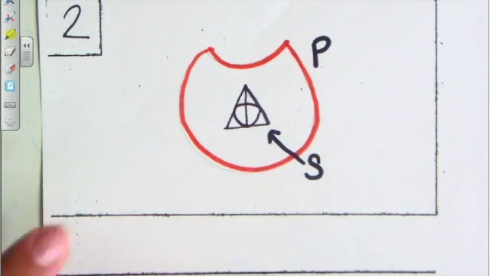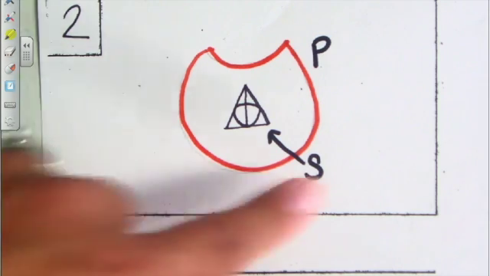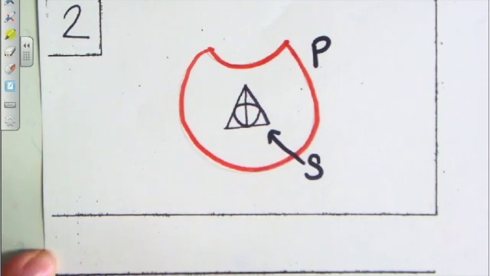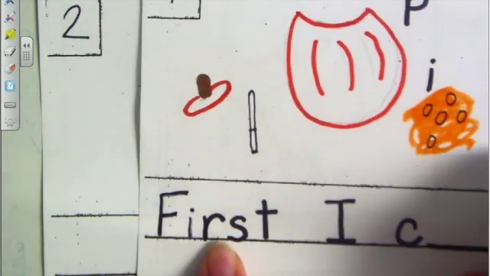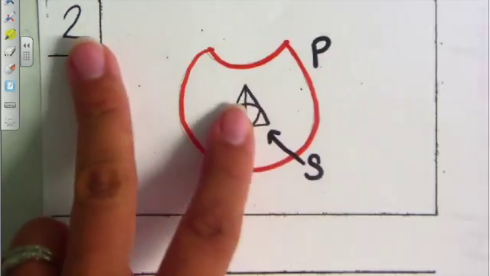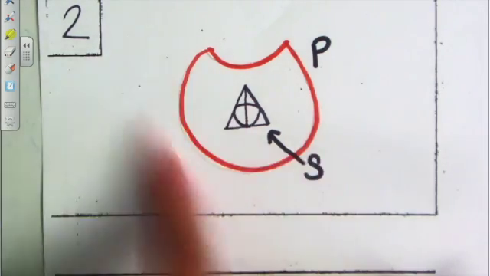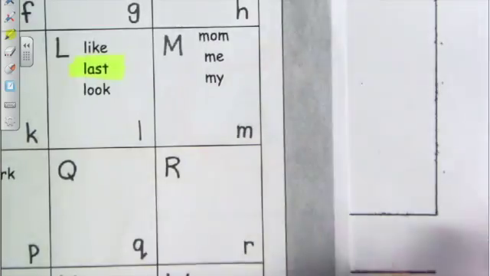Next, I'm going to write my sentence. So I labeled my picture. Now I'm going to write my sentence. I already wrote first. There are 2 different words I can use. This isn't my last step, but there's 2 other words in my word wall that I could use.